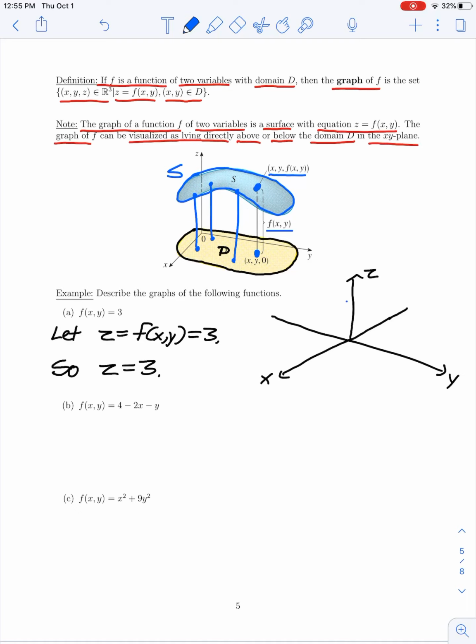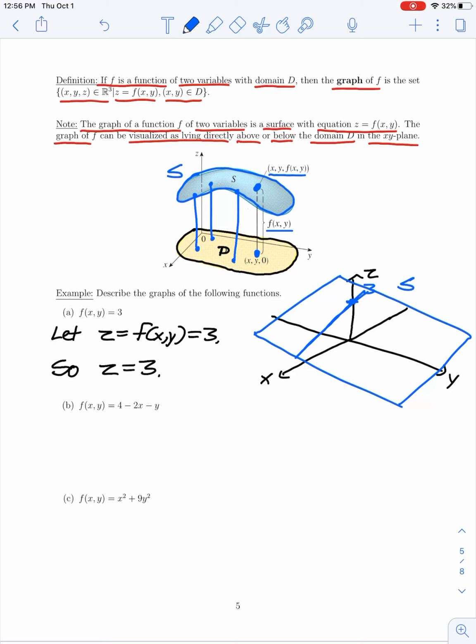So that is the plane parallel to the xy plane and passing through z equals 3. So we would have this plane that lies 3 units above our xy plane. To indicate that it's passing through 3, we might add one line here. So this would be our surface S.